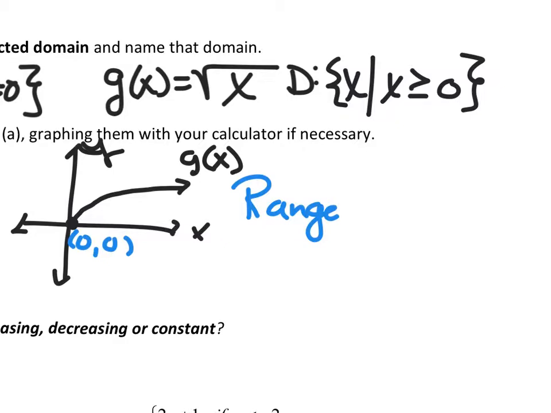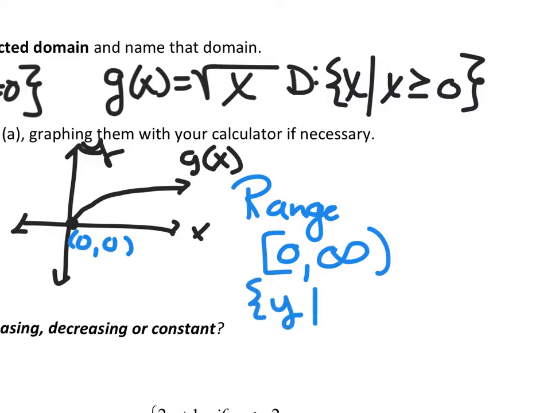Now, if you write that in interval notation, it looks like this. If you write it in set notation, it's the set of all y's such that y is greater than or equal to 0. So for the others, I use set notation. This one, we just wrote it both ways. These two guys mean the exact same thing.